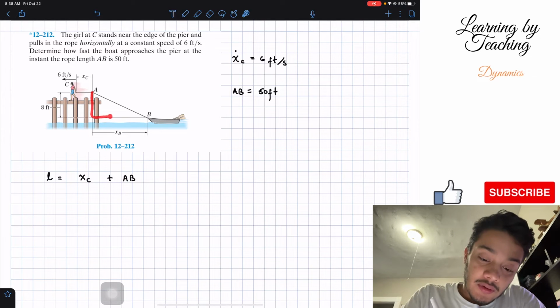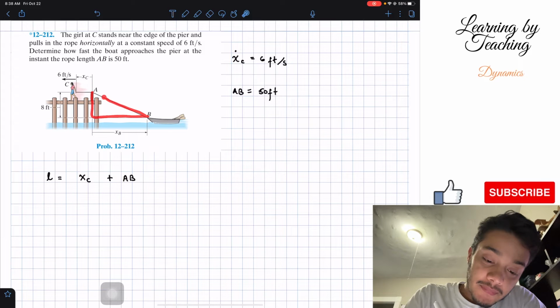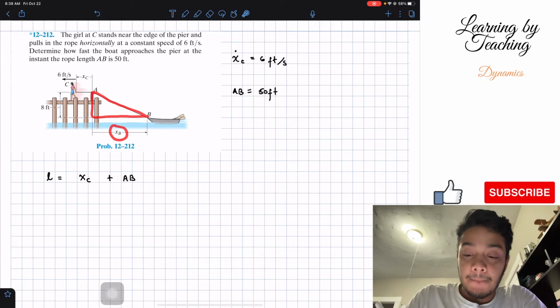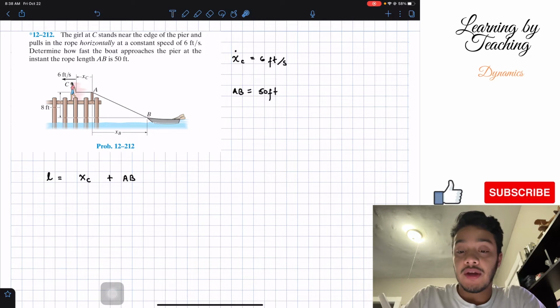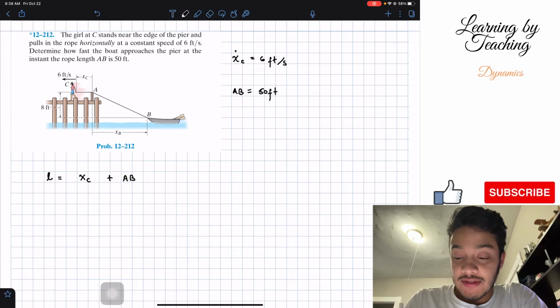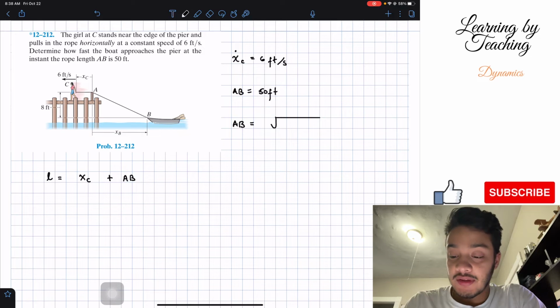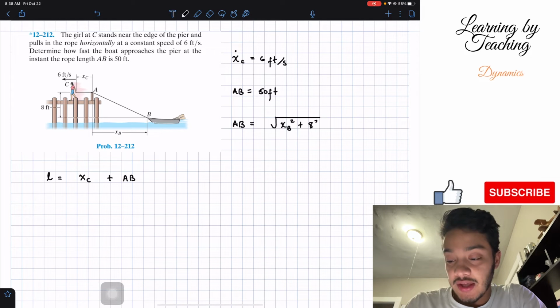Well, we can relate my length AB with my length XB by this triangular shape. AB is the hypotenuse and is going to be equal to the square root of the adjacent, which is XB squared, plus my opposite squared, which is 8 squared.